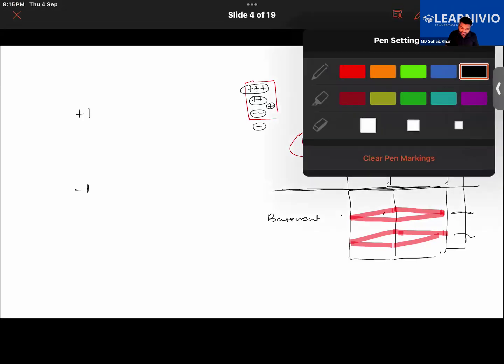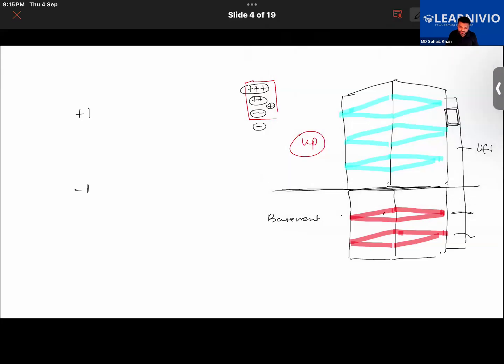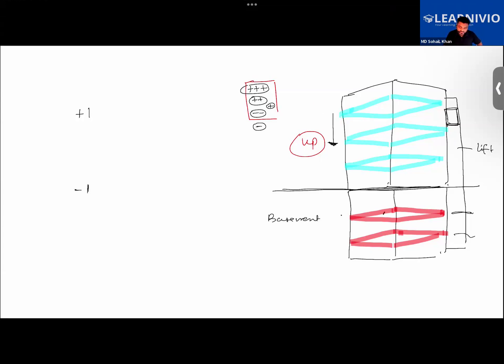Not necessarily in the basement. Suppose that you are over here right now. When you are going from here to this side, you're going downwards. So are you going to press the positive button or negative button? Negative.